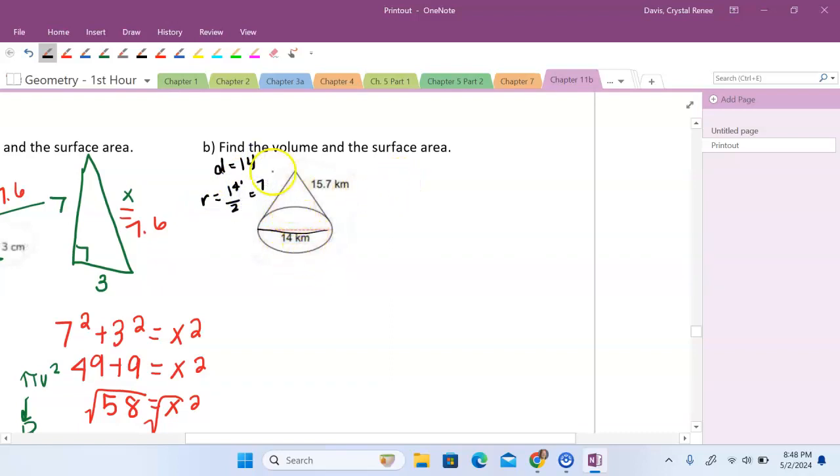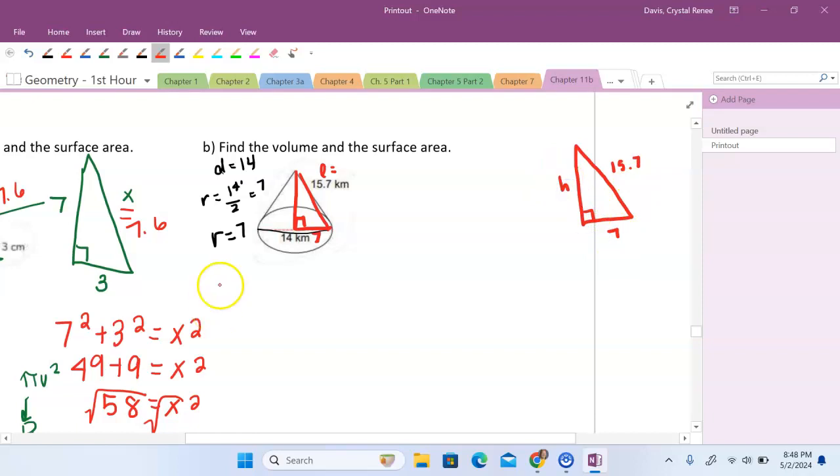So r is 7. I don't know my height, but I know my slant height is 15.7. So I draw that over here. Slant height is 15.7, this is 7, and this is my height.